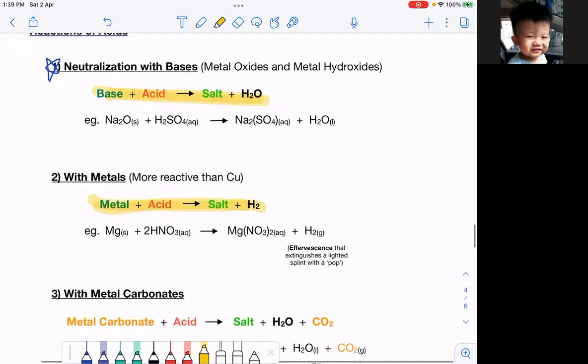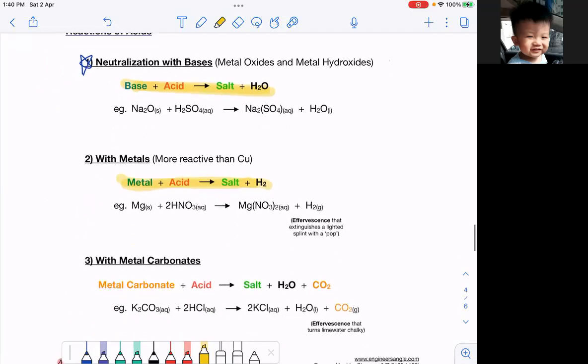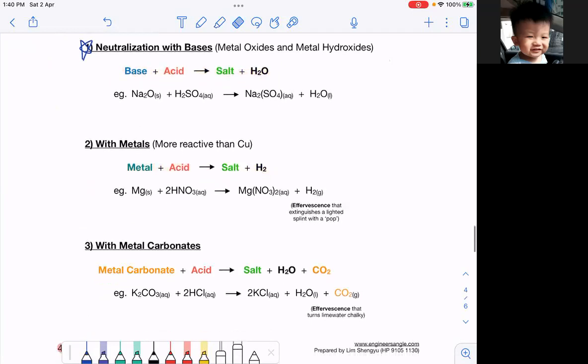So there are three versions of acidic reaction that you have to eventually fully memorize. So soon we'll go to metals.